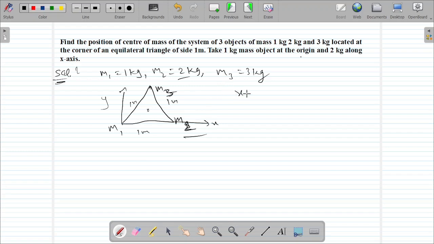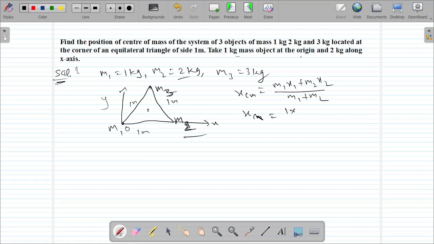So what is the x center of mass? What is the formula? m1 x1 plus m2 x2 by m1 plus m2. So for x center of mass, m1 is how much? 1 kg into x1. x1 means where this particle is. It is at the origin only.